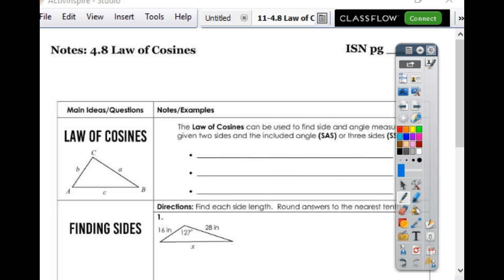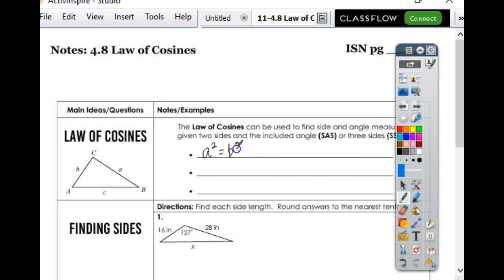The side across from angle A is the small letter a, and across C is the small letter c. If I want to find side a, I'm going to have a squared equals, and I'm going to use my b and c to find this.